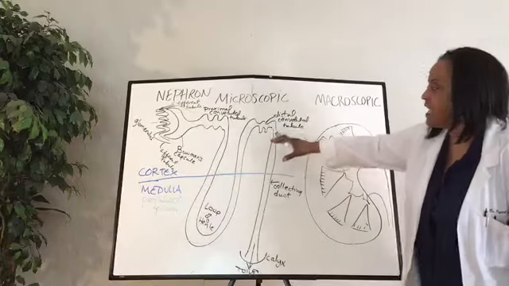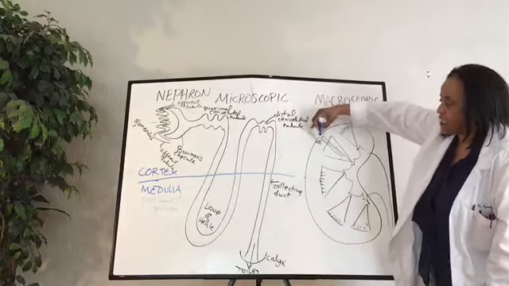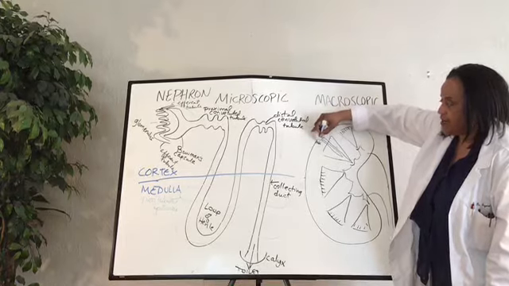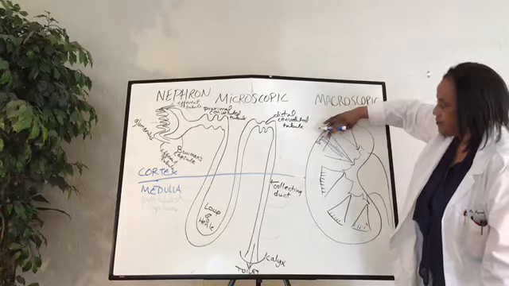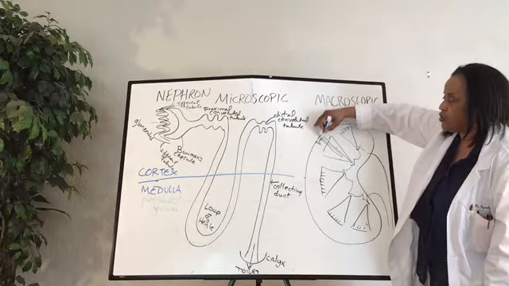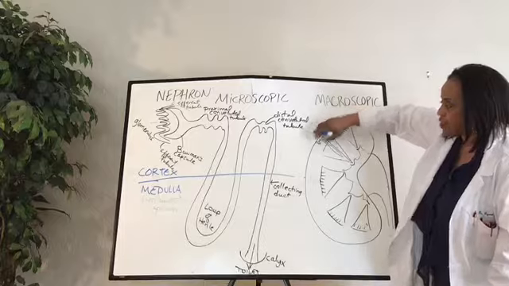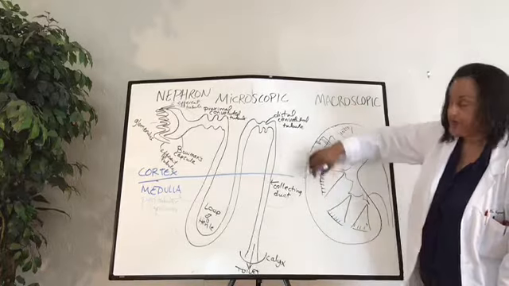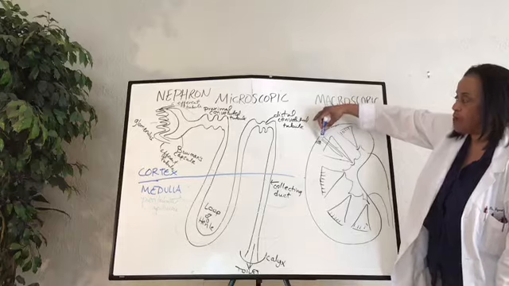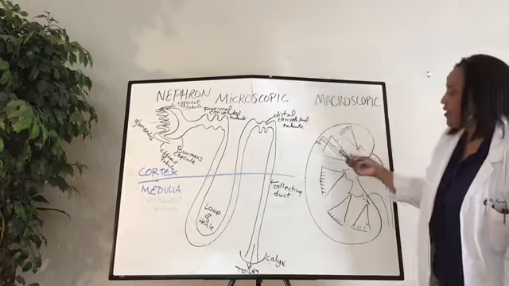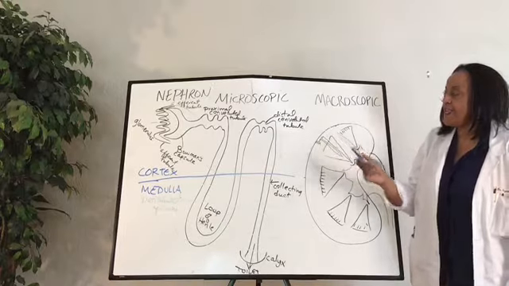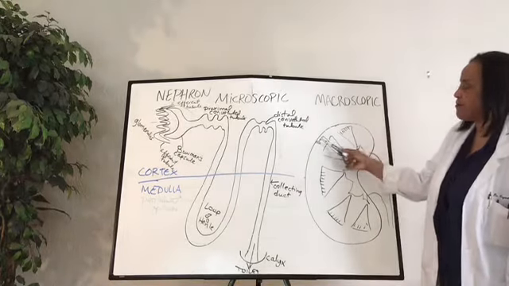Can you see in the cortex, the cortical region, that we have the glomerulus here, and the convoluted tubules here, and then remember, that's the cortical region, right? So above, this is the cortex. You can see here, when it's transposed, that we have the glomerulus, the Bowman's capsule, and the convoluted tubules here.